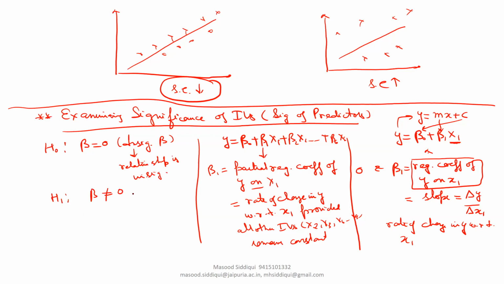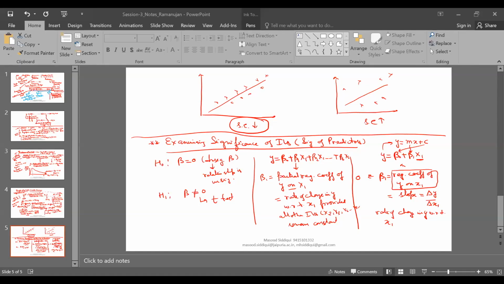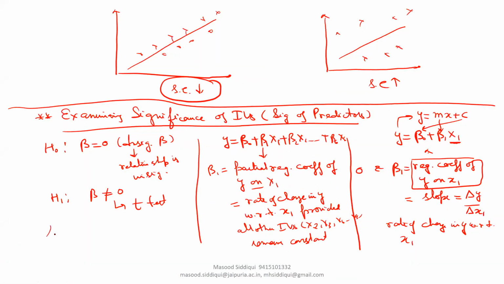We perform this testing of beta using the t-test for all the regression coefficients. If the p-value, or significance, is small, less than the default value of 5%, then we reject H naught at 5%, meaning we are rejecting the insignificance of beta, so beta is not equal to 0.